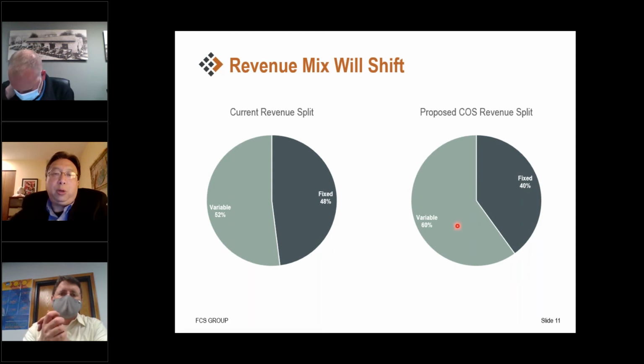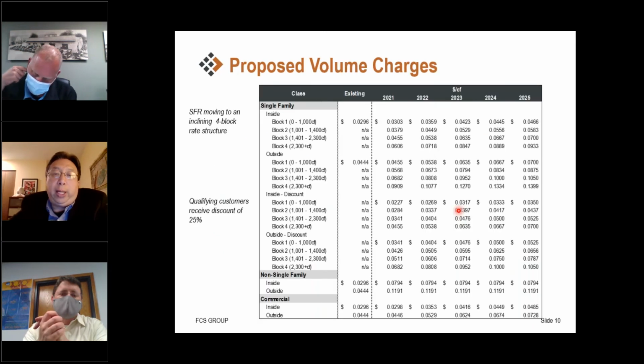And the reason why we're concerned about this is when your customers use more water, they get pushed up into a higher block. And naturally, when that happens to a household, they may change water consumption and then begin to conserve water, and then actually drive down revenues for your water utility.